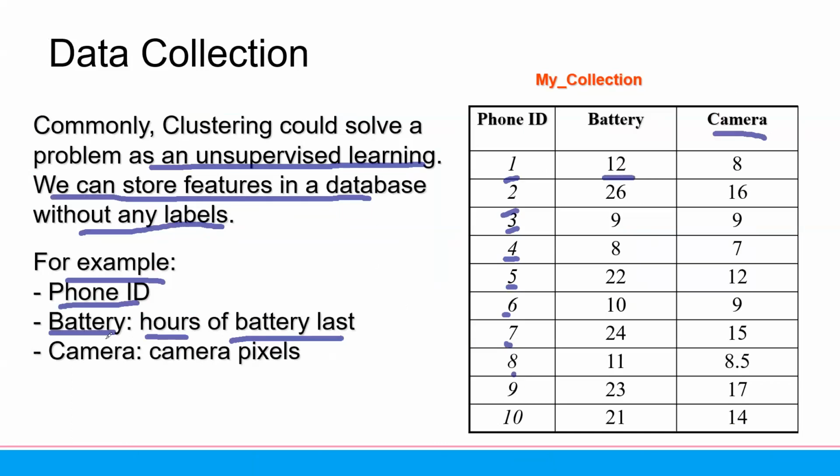And the camera means the camera pixels, so maybe this is 8 megapixels. Phone number 2 has a battery of 26 hours and a camera of 16 megapixels, and so on. If we have this data, how can we analyze the smartphones that we have?